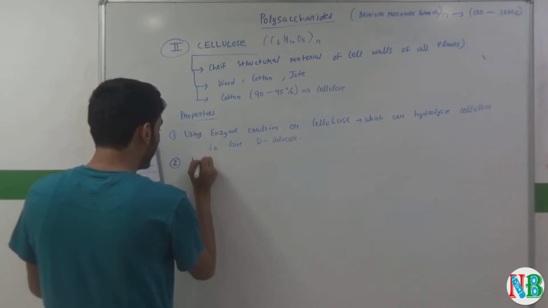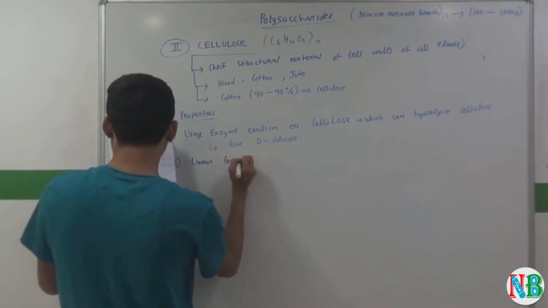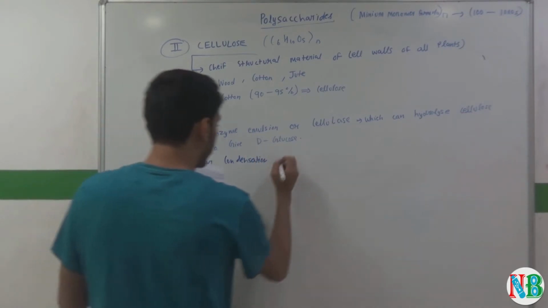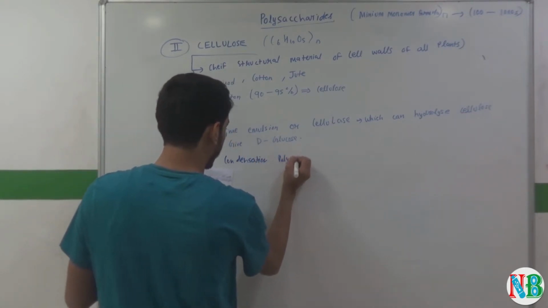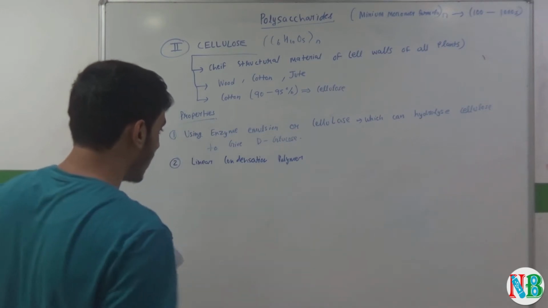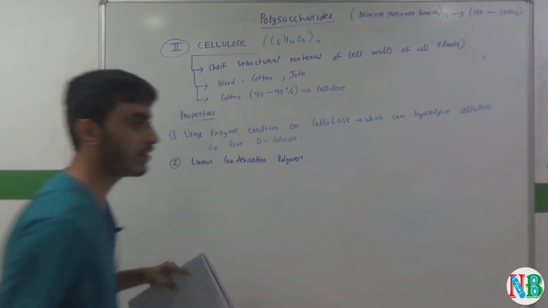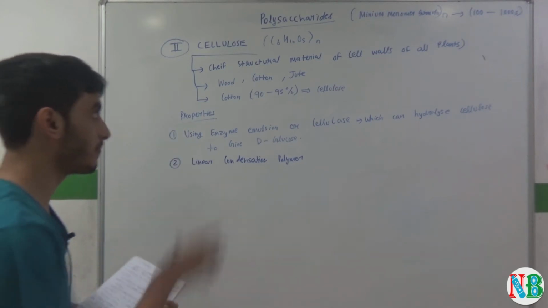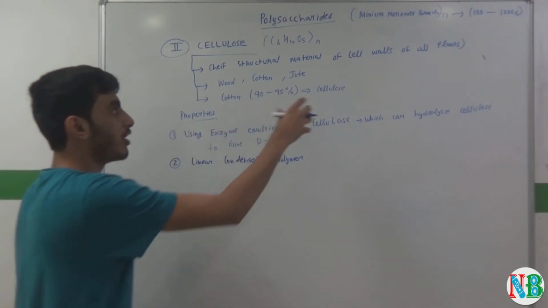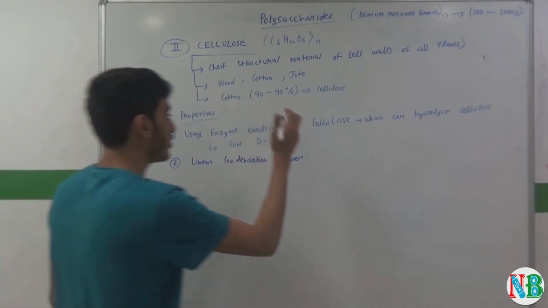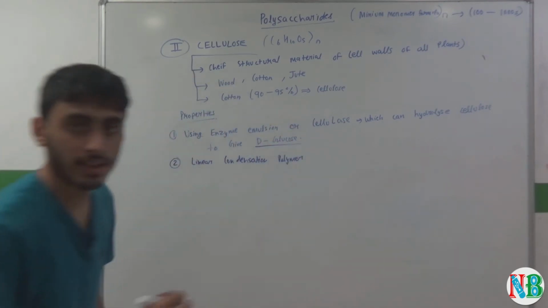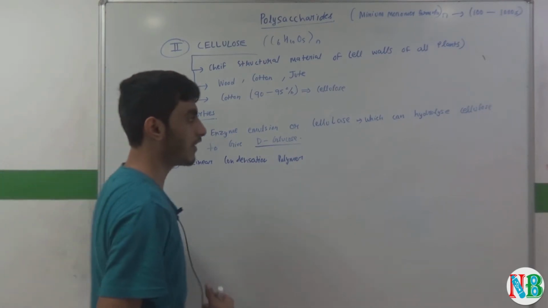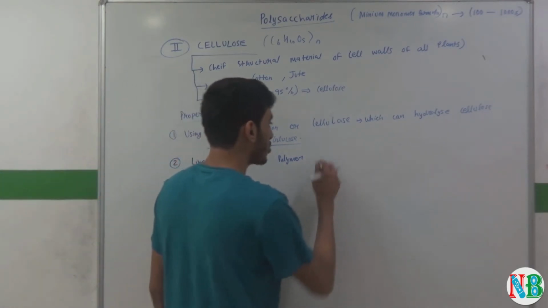So it is a linear condensation polymer. We use this term because when you form a molecule of cellulose, you add small molecules of D-glucose, and when you add them, molecules of H2O go out.